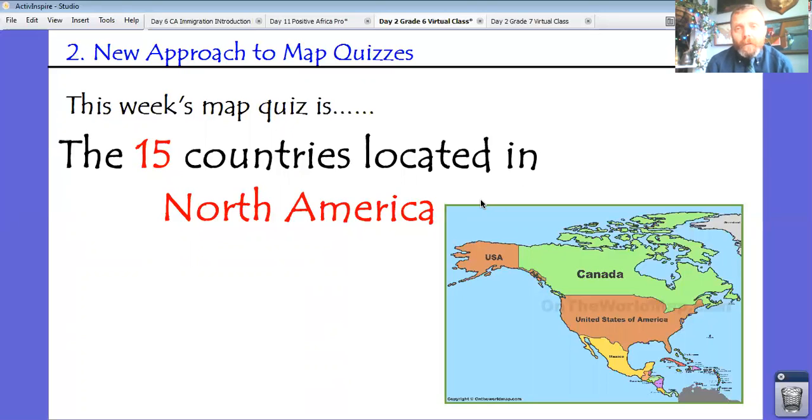But if not, this is a way to refresh your memory. There are also some island nations, part of the Caribbean island map quiz that you were supposed to take right before the pandemic interrupted our learning. But this is going to be this week's quiz. It shouldn't be that tough. Next week's quiz on South America, I think there's going to be a bigger learning curve. We'll see how you do.